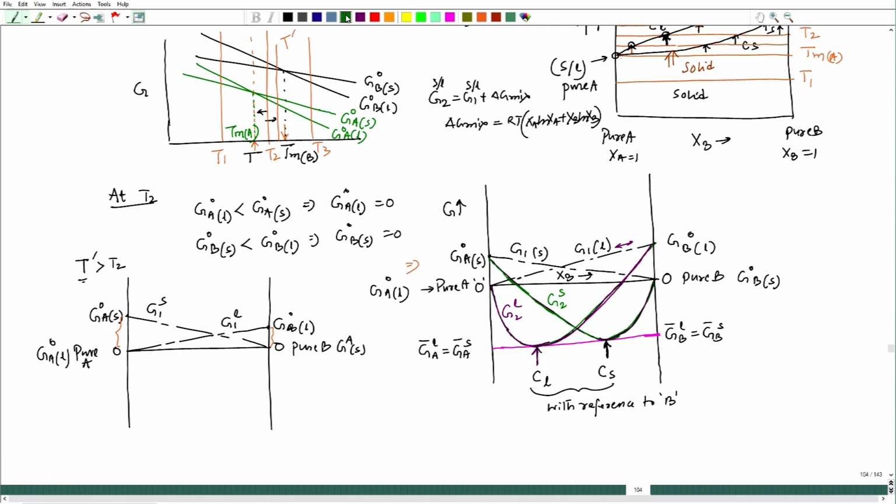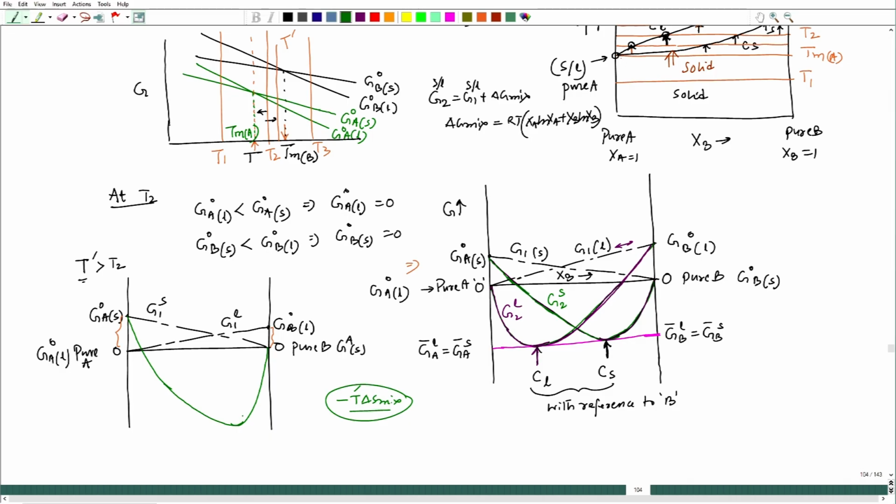Now the solid one should be plotted like this; in fact it will further go down at a higher temperature. Why? Because of the minus T del S mix term: since temperature is increasing and del S mix would not change, that expression suggests that with increasing temperature this quantity will go further down. So, this one will also go down.